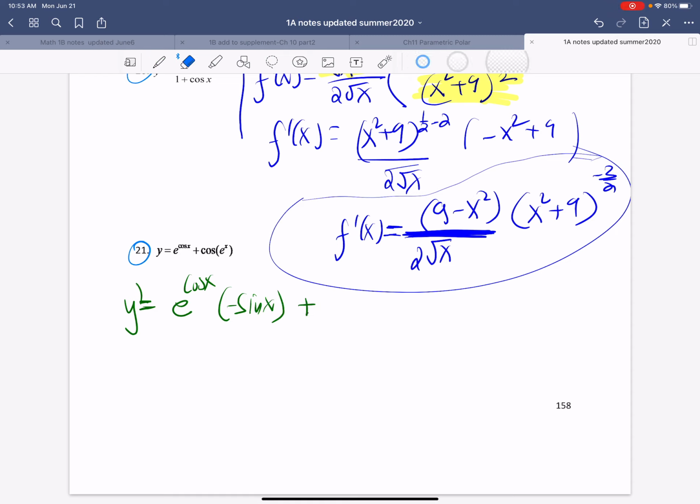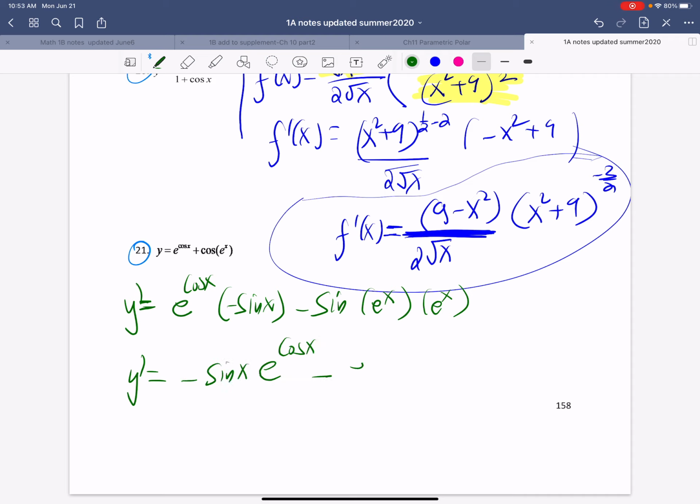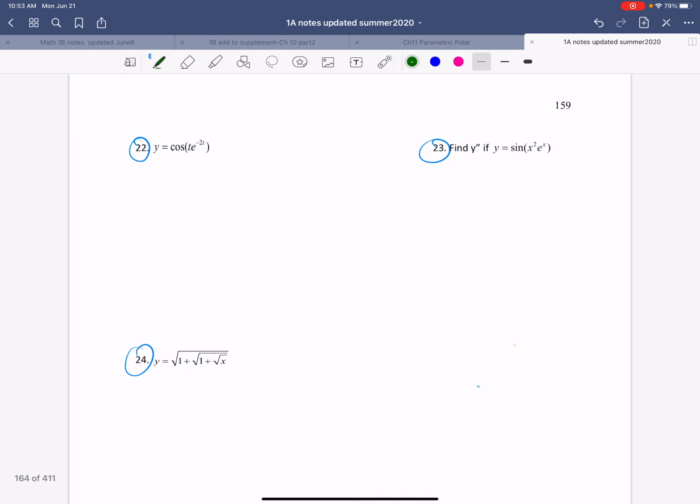And derivative of cosine of something is negative sine of that something, which is a function of x. Negative sine of something, and we will multiply with derivative of inner function, which is e to the power x. Cleaning up, it turns out to be negative sine x, e to the power cos x, minus e to the power x, sine of e to the power x. And that's our derivative in this case. Let's check out one more example.